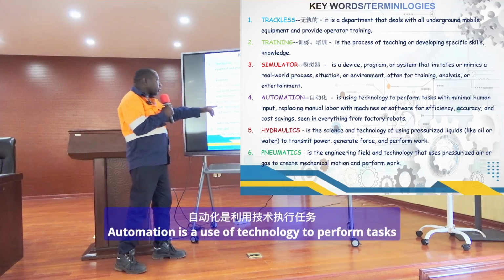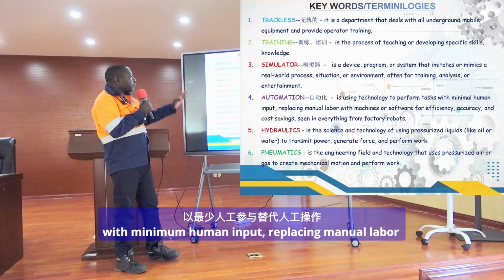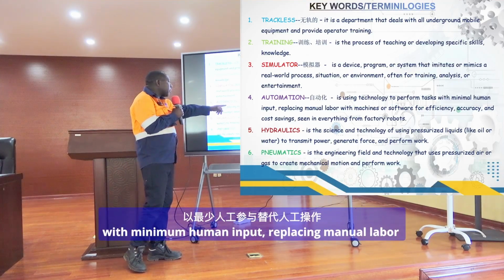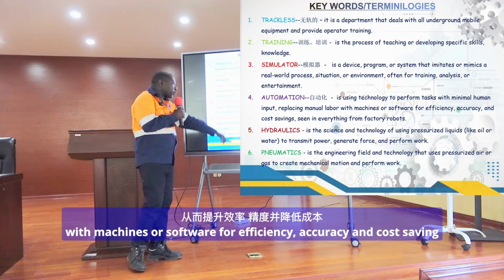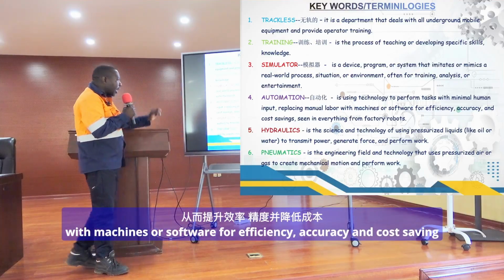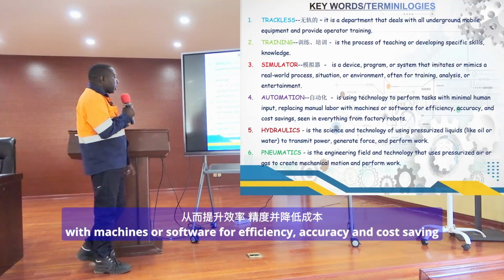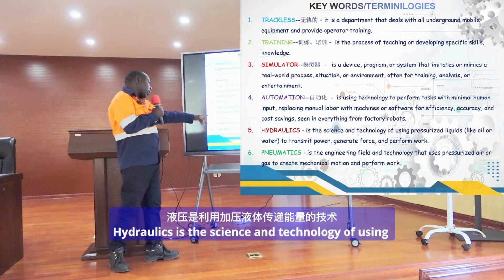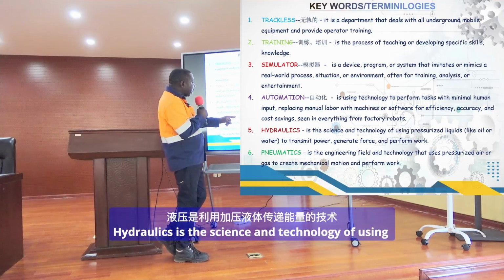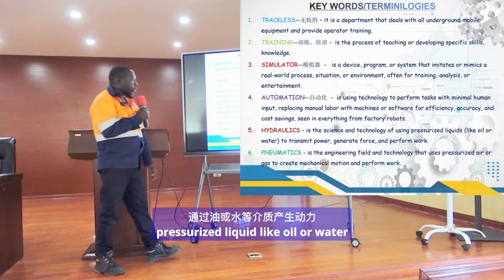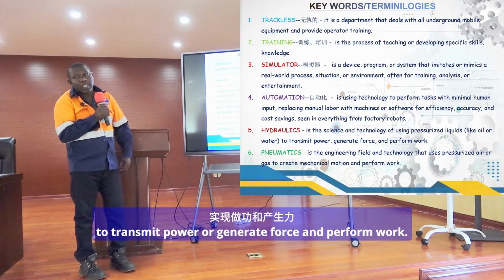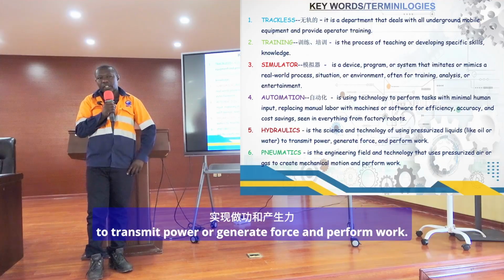Automation is the use of technology to perform tasks with minimum human input, replacing manual labor with machines or software for efficiency, accuracy, and cost saving, seen in everything from factory robots. Hydraulics is the science and technology of using pressurized liquid like oil or water to transmit power or generate force and perform work.